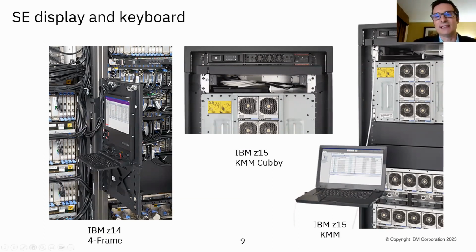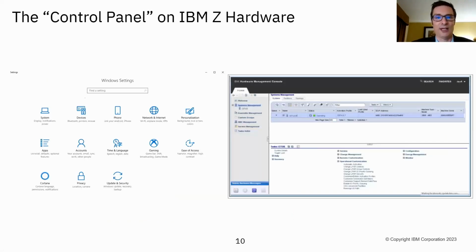In a Z15 and Z16, you can have a keyboard and mouse inside of this cubby hole that you can pull out, and the support element is right here, for example. You just plug into a particular port, and you're able to access and control the configuration of the machine through a graphical user interface.